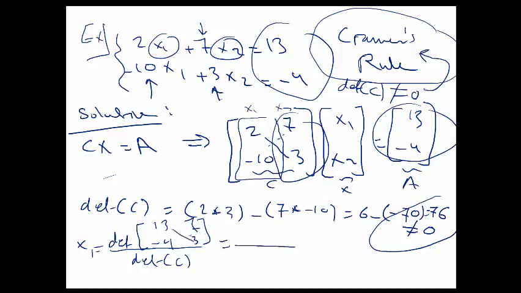The determinant is 13 times 3 minus minus 4 times 7, over 76, and you can find the solution.